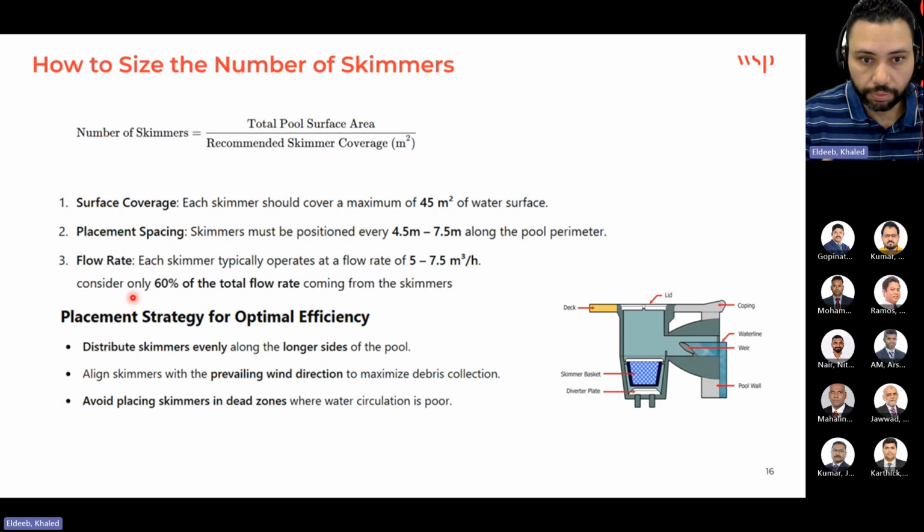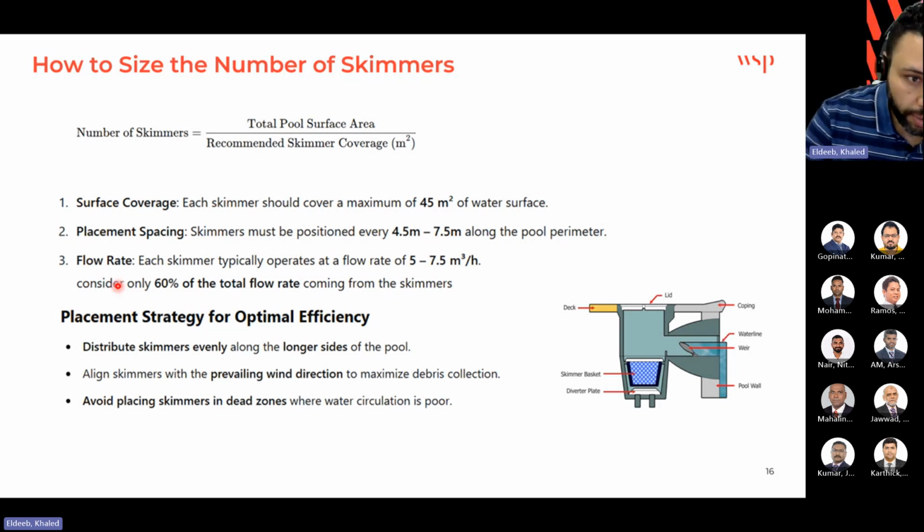So we have to size the skimmer in a balanced way to ensure some of the flow will be taken by the main drain. So when we consider the number of skimmers, we consider only 60% of the total flow coming from the pump going through the skimmers, and the remaining will go through the main drain.